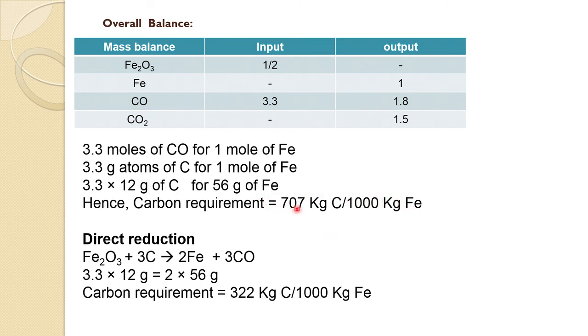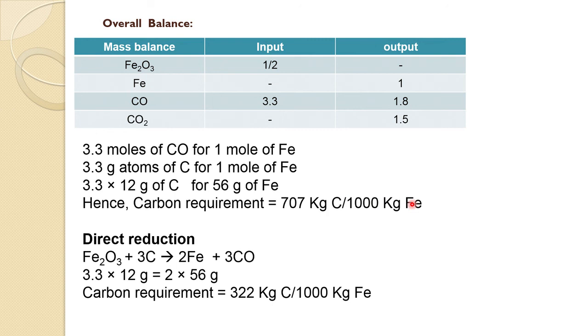What this is telling is that in indirect reduction under counter current conditions, you need only 707 kg of carbon to get 1 ton of iron.